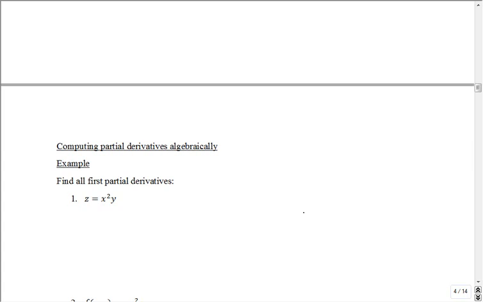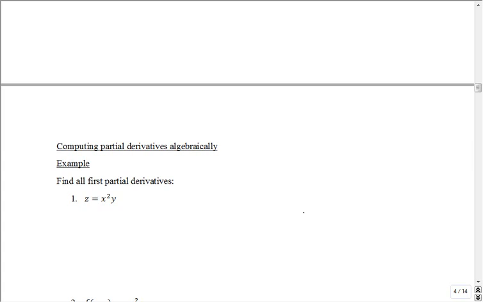So what is the rule of thumb? If you're partially differentiating with respect to x, that means you want to hold the y constant. Think of the y as a number, and differentiate applying all the rules that you have learned before.